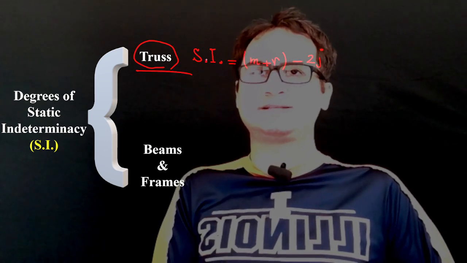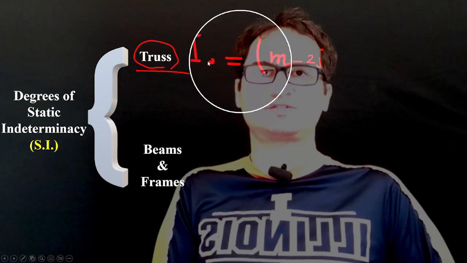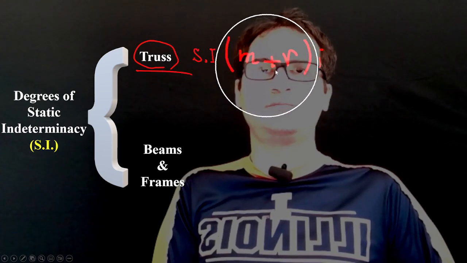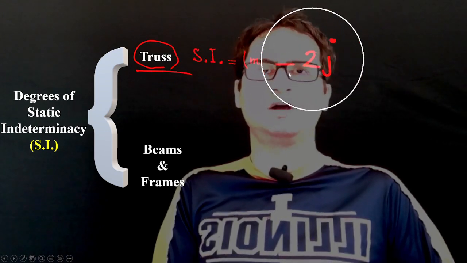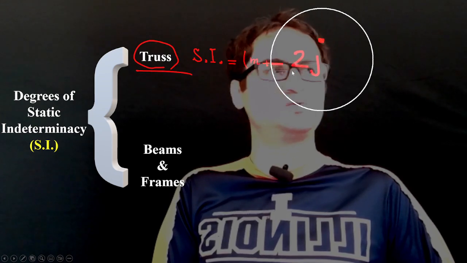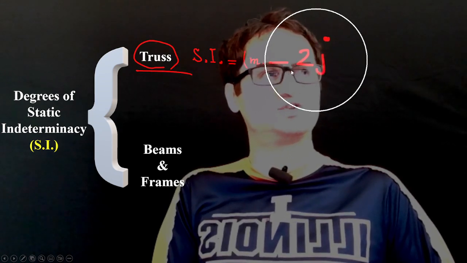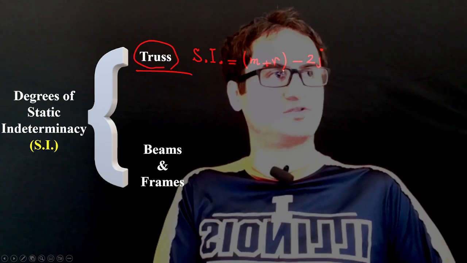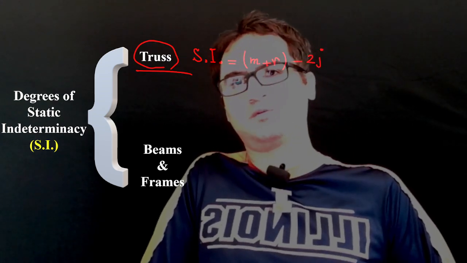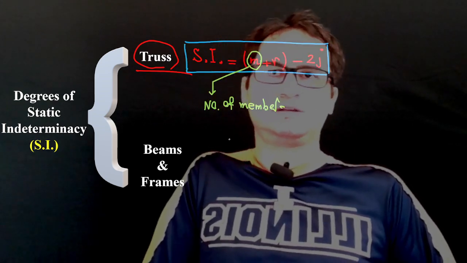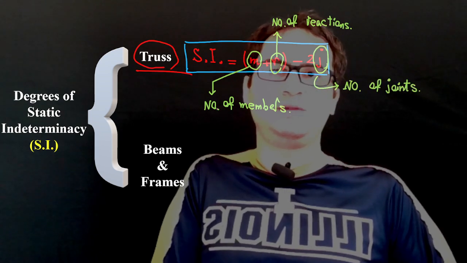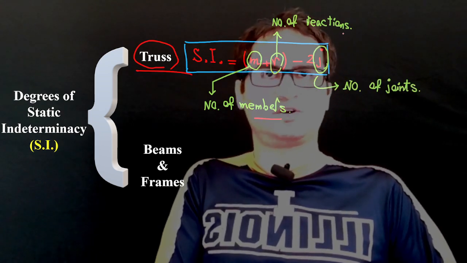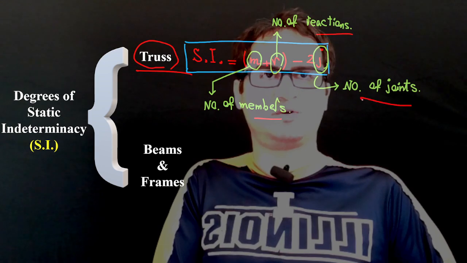SI, the statically indeterminate degree of a structure, is the number of members plus the number of reactions minus twice the number of joints connecting the truss members to each other. For beams and frames, like we said, M is the number of members, R the number of reactions, and J the number of joints.